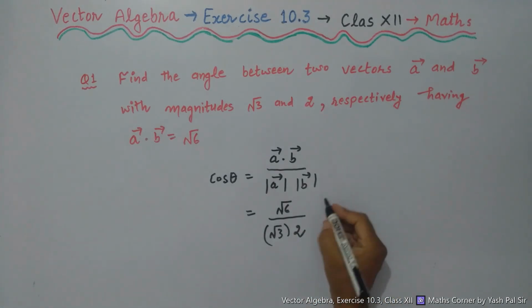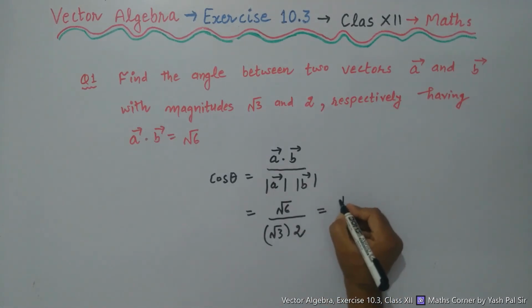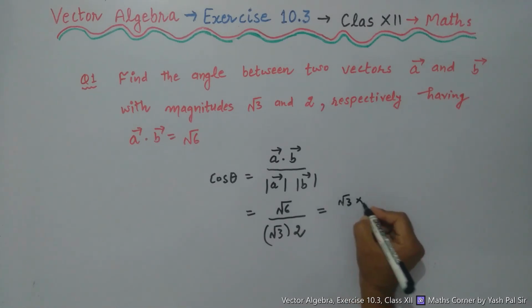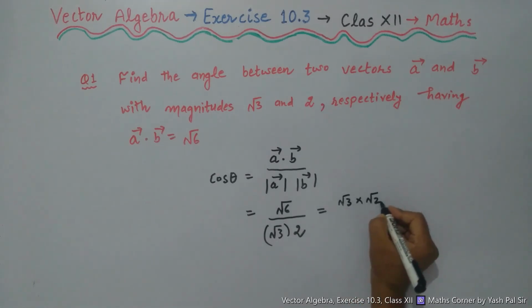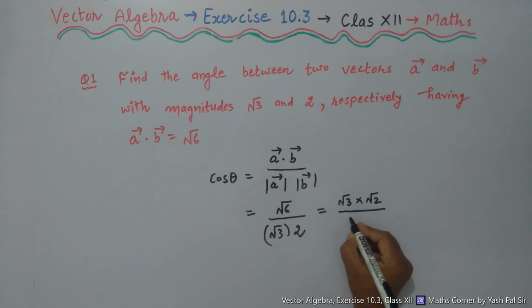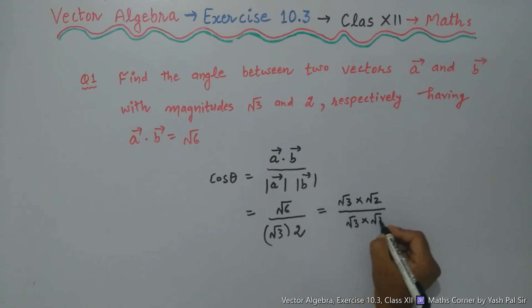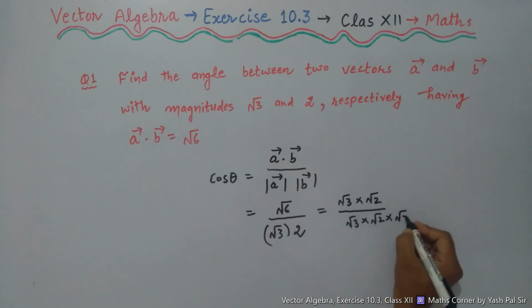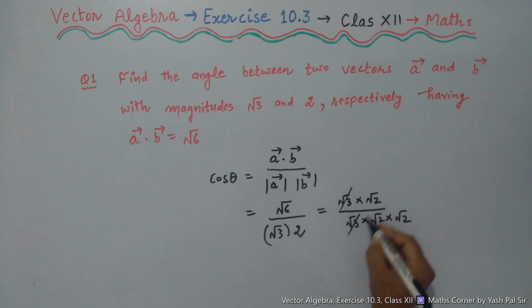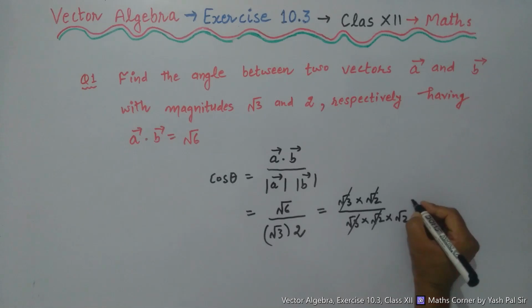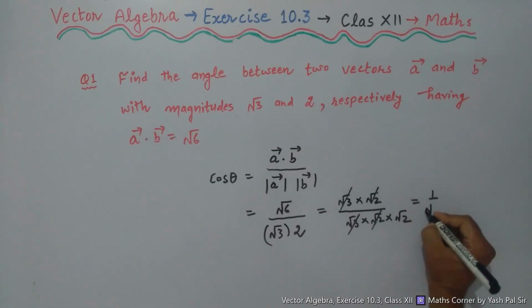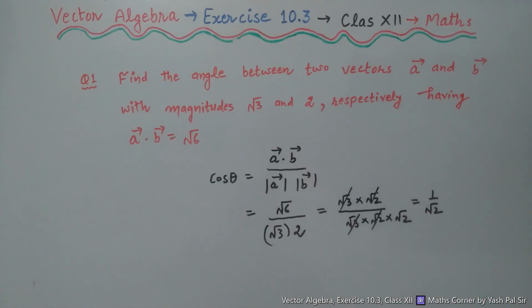So this is equal to square root 6 divided by square root 3 into 2. Square root 3 cancels, square root 2 cancels, and we get 1 upon square root 2.